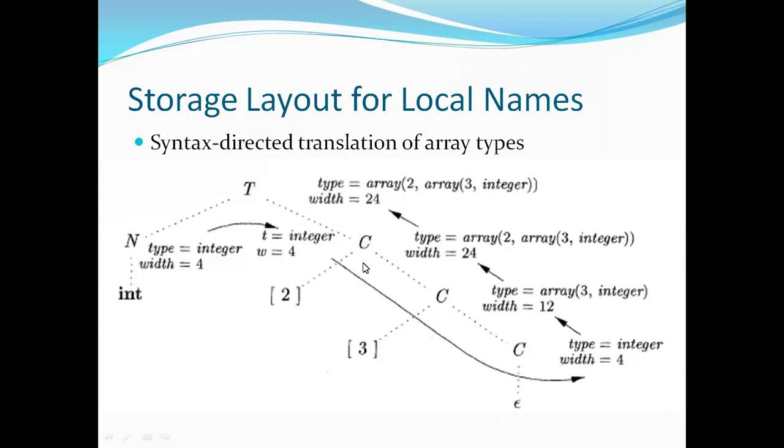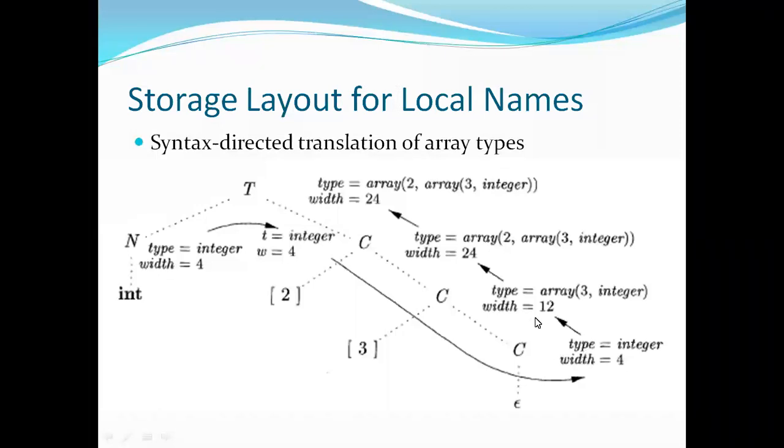The values computed from the parents or the siblings are inherited, right? So it is inherited, and this inherited value is assigned to this C, and this is acting as a synthesized attribute.